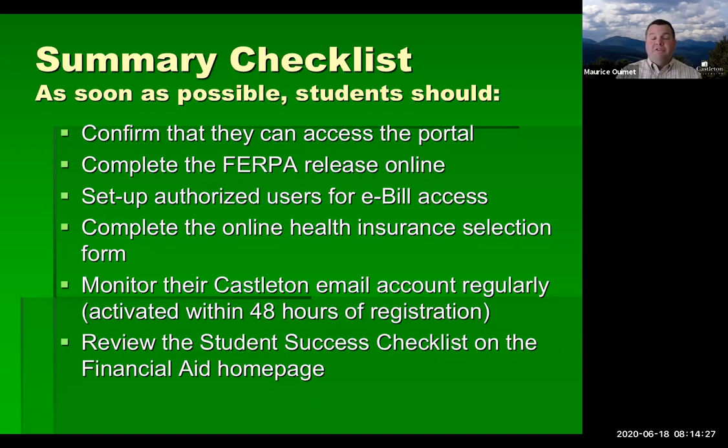You've been receiving emails to the email address you provided on your application. Shortly after registration, you're going to be assigned a Castleton email account. And from that point forward, we're going to be communicating with you through your Castleton email account. Now you can forward that to an email address of your choice, but it's important to note that you will be getting official communications through your Castleton email account and through the portal going forward after registration occurs.